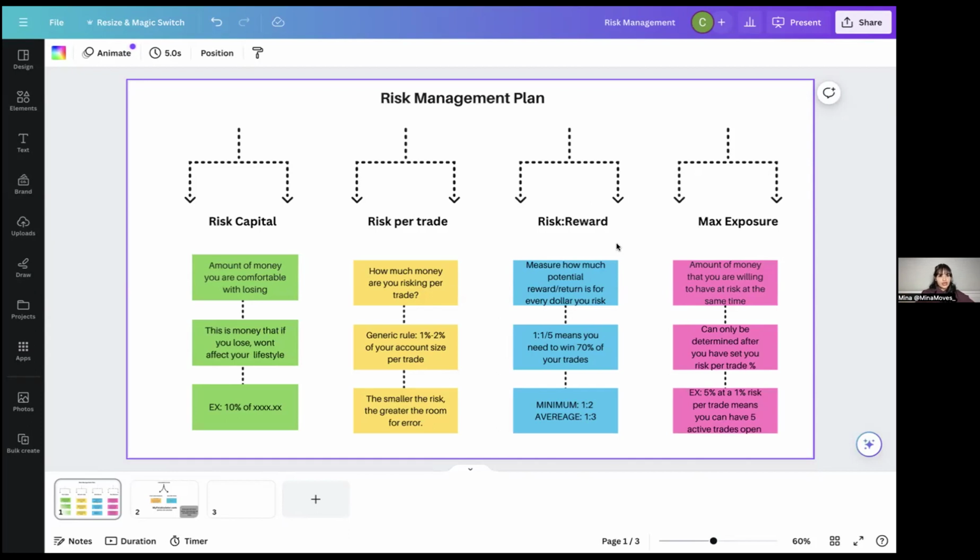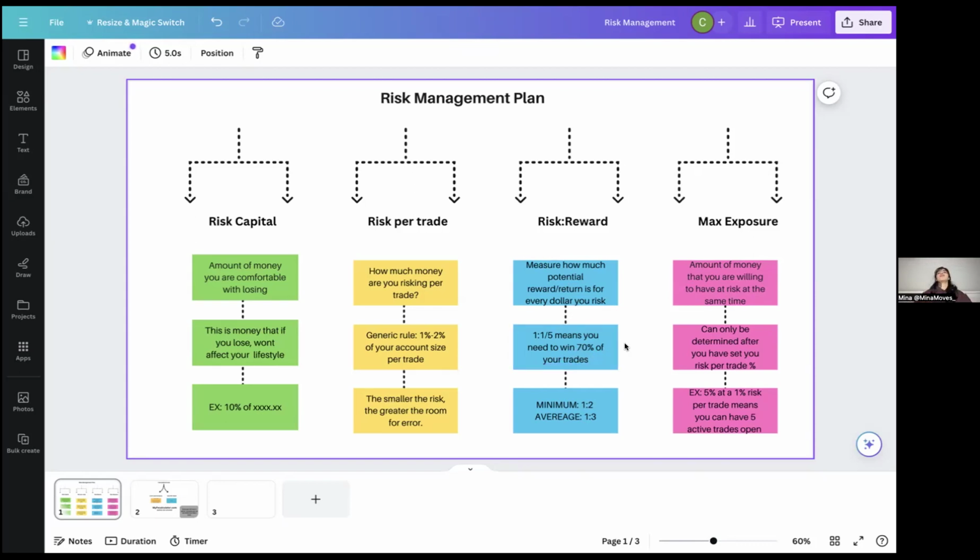If I win, $60. Is that a good trade for you guys? Yes, 1000%, absolutely. So when it comes to the risk and reward, this is measuring how much potential reward or return there is for every dollar that you risk.